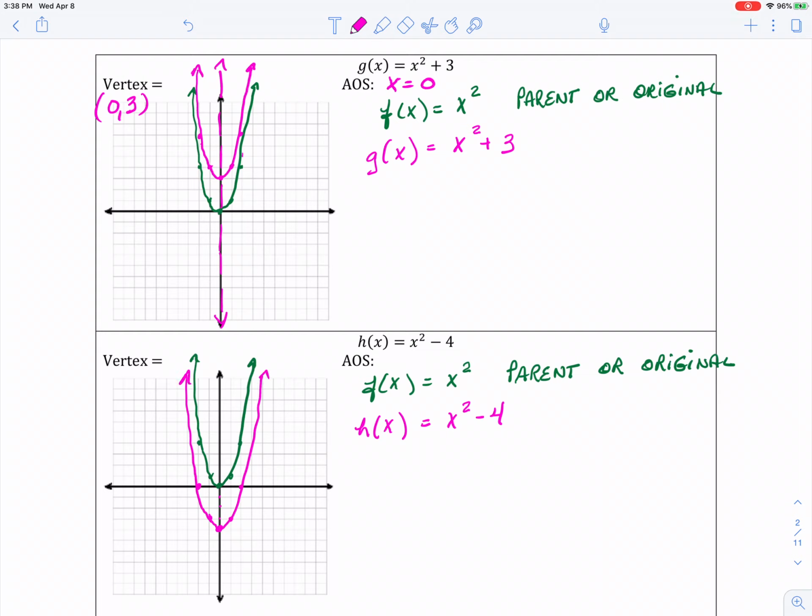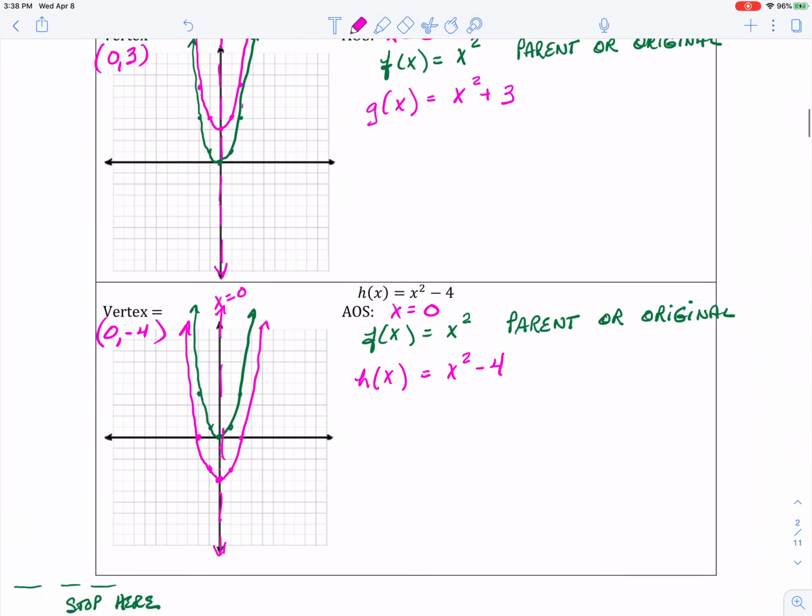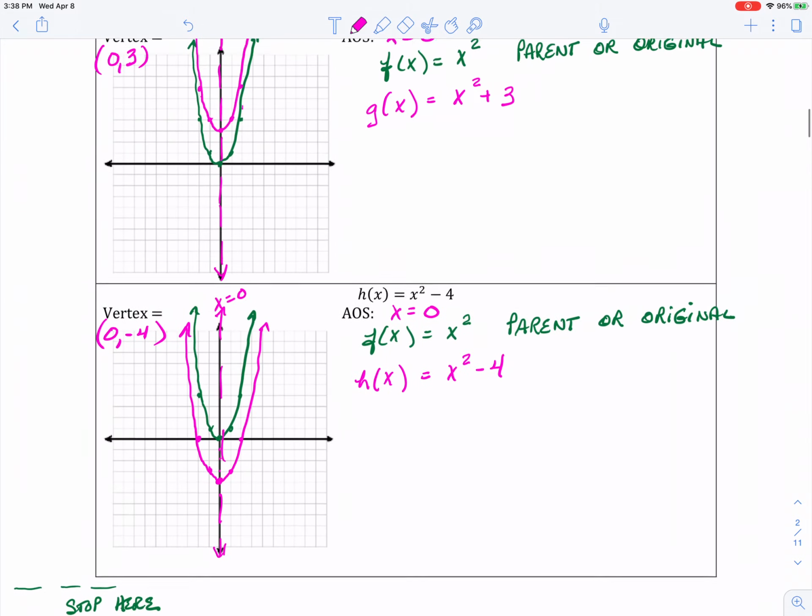So the vertex this time is at 0, -4. The axis of symmetry is still at x equals 0. So we're going to call that a vertical shift of -4, or down 4 units.